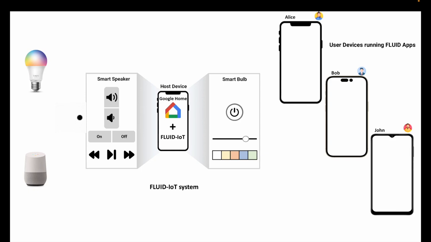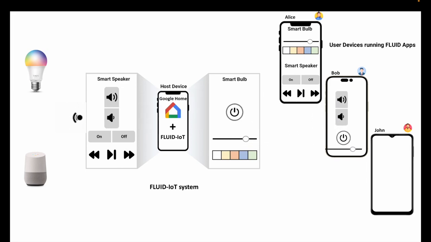As a result, users are only able to interact with the UI components that have been shared with them. In a practical scenario, you can see that while Alice and Bob may receive some control permissions, Jeong would have no authority over the bulb and only partial permission for the speaker.